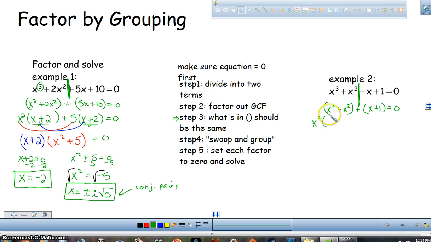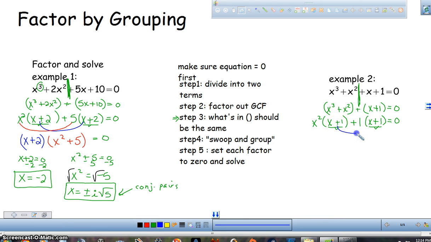X squared times what gives you x cubed? An x. X squared times what gives you x squared? What's the greatest common factor in the second parentheses? A 1. We're going to do our little check, make sure the things in parentheses are the same, and they are. We're in good shape. Now we're ready to swoop and group.